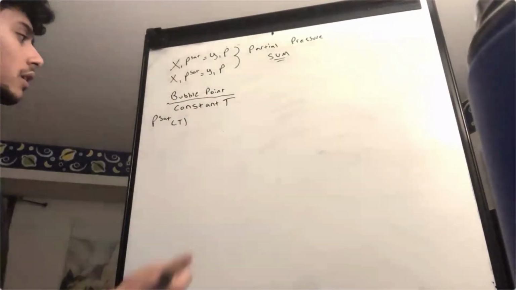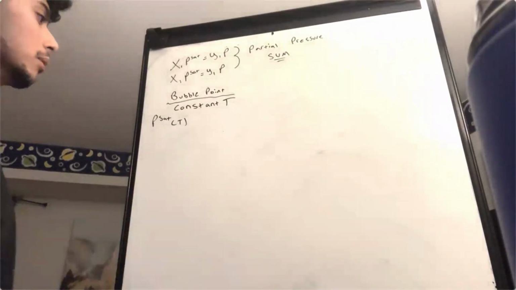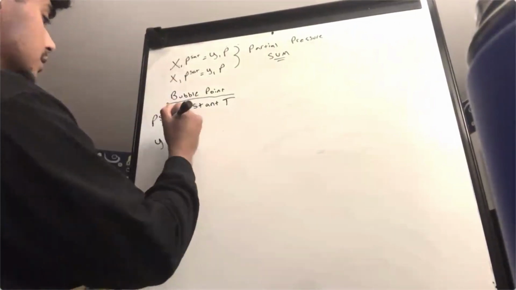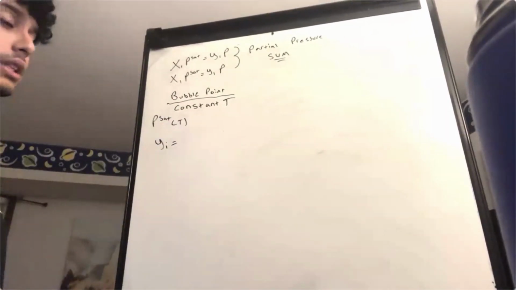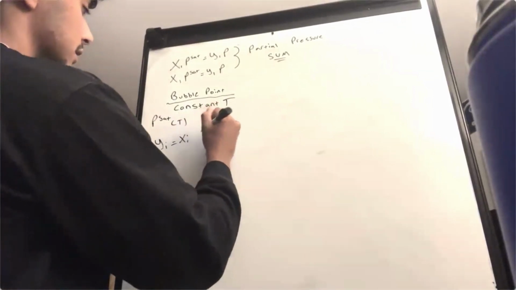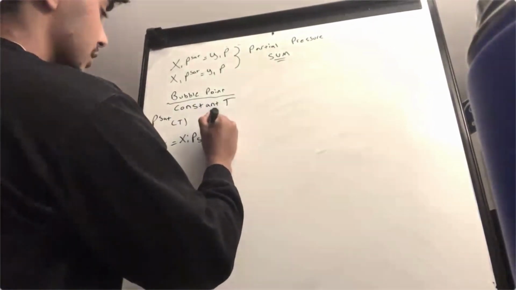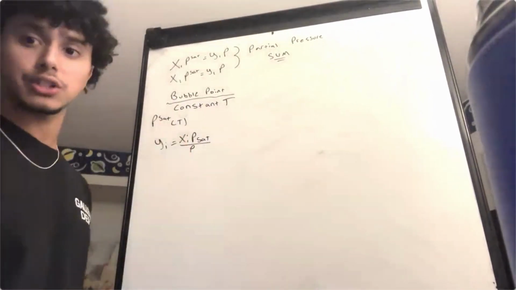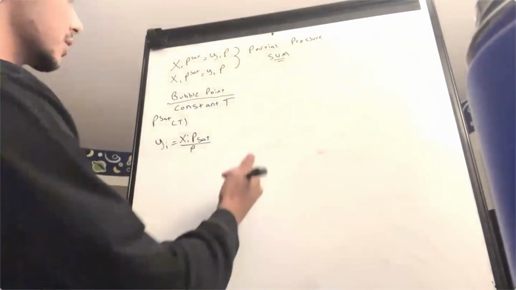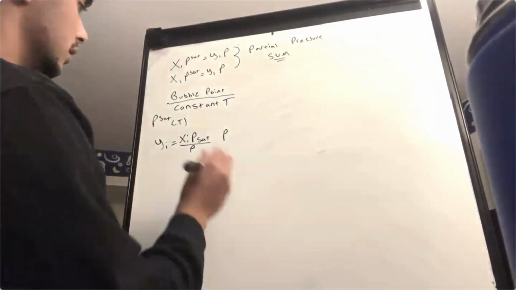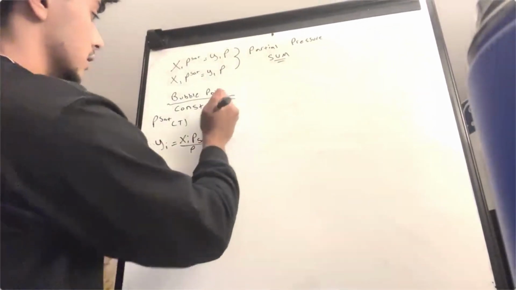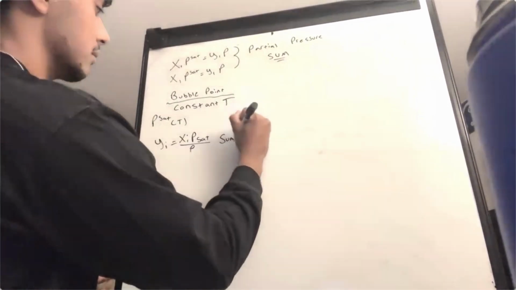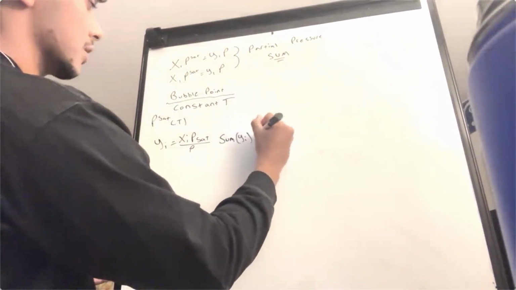Then when we get into the equation of bubble point, it is the vapor mole composition equal to the liquid mole composition times the saturation pressure divided by P. We mentioned that the partial pressures sum up, so the sum of the vapor mole composition is equal to 1.